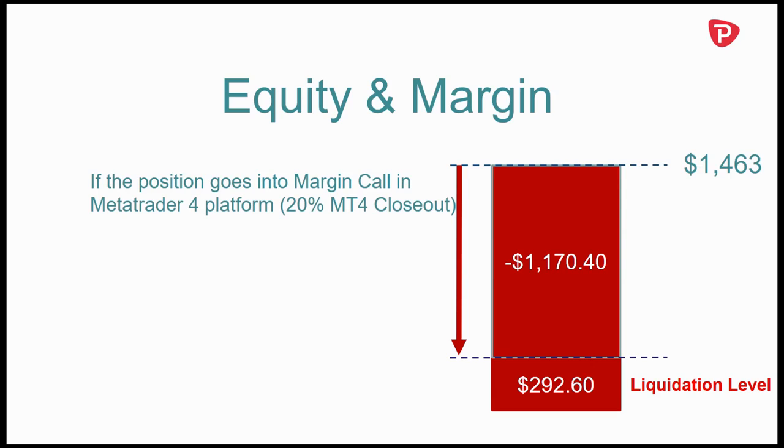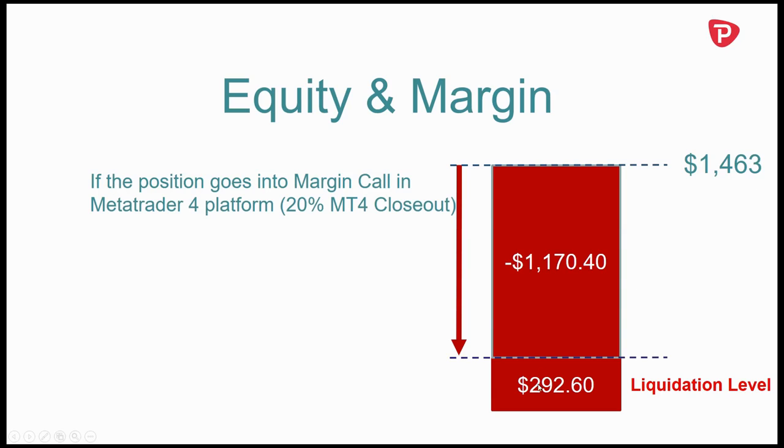So let's take a look at what the 20% MT4 closeout level means. Here we have our $1,463, which represents our margin held. You can see that if the trade goes a further $1,170.40 against us, it will enter what's called the MT4 closeout or liquidation level. This $1,170.40 represents 80% of $1,463.